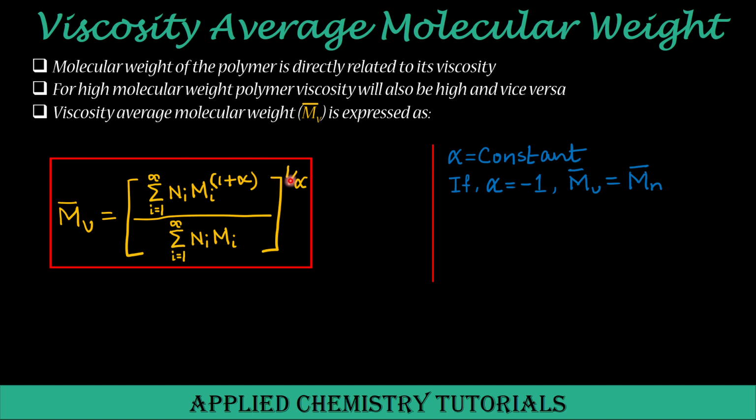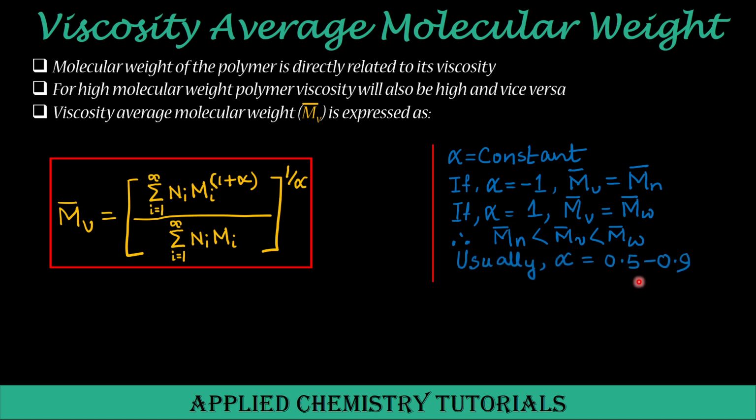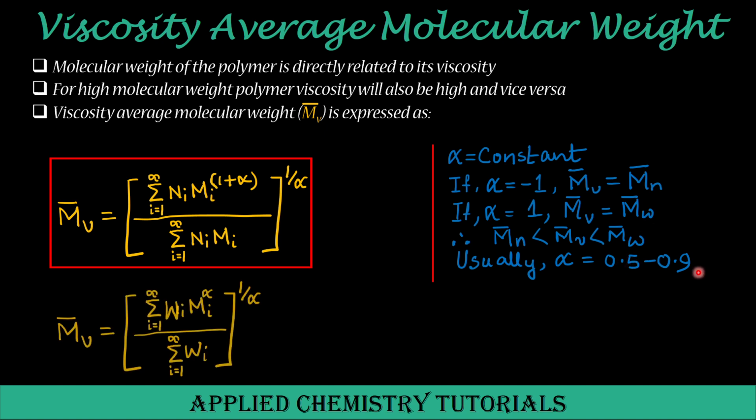If we put alpha value as minus 1, then we will get the expression of Mn bar. That means then Mv bar will be equal to Mn bar. If we put alpha equal 1, then Mv bar will be equal to Mw bar. So the value of Mv bar is in between the Mn bar and Mw bar. And the alpha value is usually in between 0.5 to 0.9.